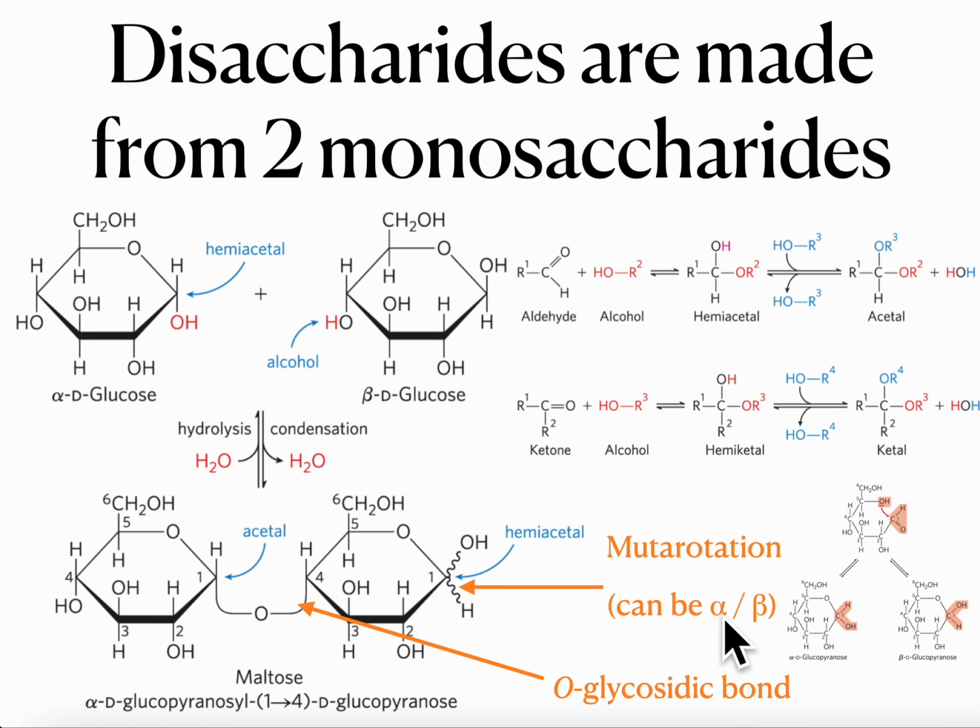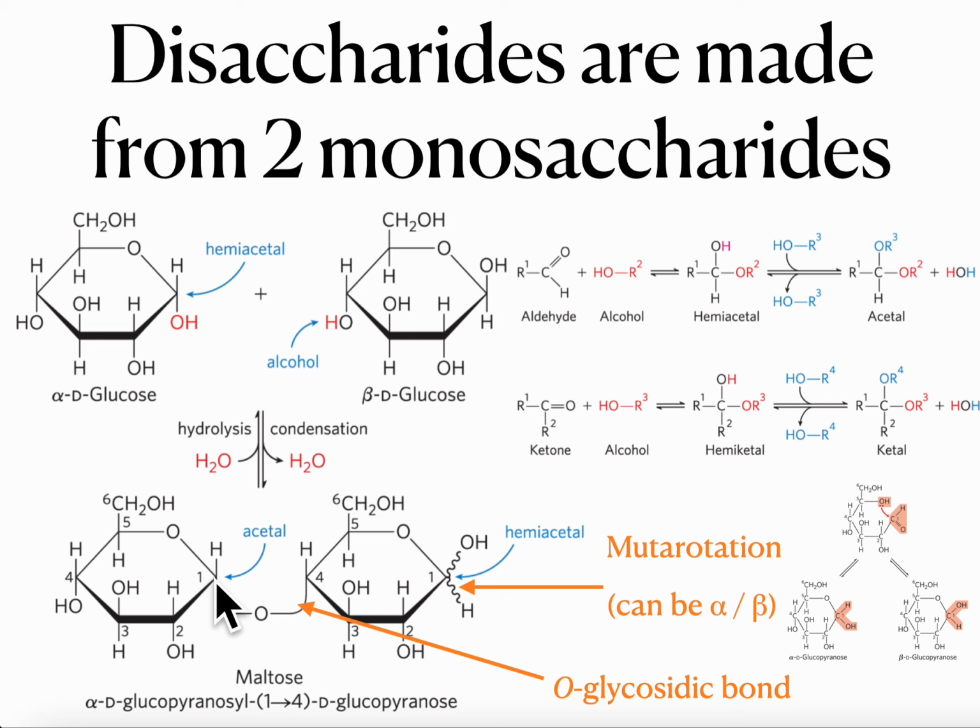And thus, if it's alpha, it can be converted to a beta form, and if it's beta, it can be converted back. So it could be alpha or it could be beta. So thus the wavy lines here are trying to depict this sort of ambiguity, and we call this mutarotation.